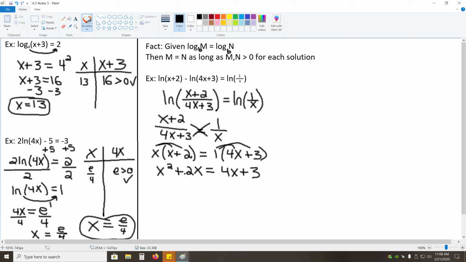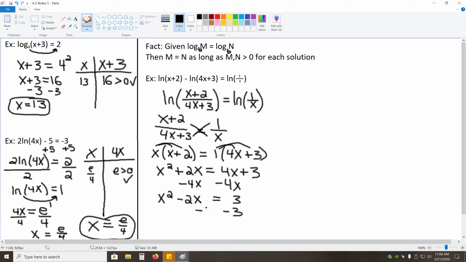And now if we get everything to one side of the equation, we can factor and solve for x. So we'll subtract 4x from each side of the equation, which gives us x squared minus 2x equals 3.